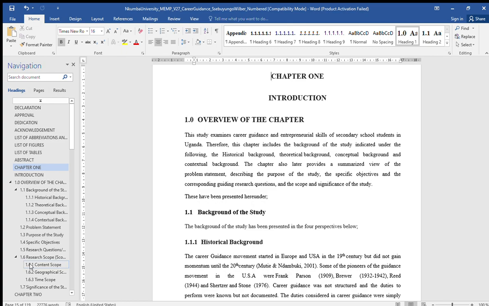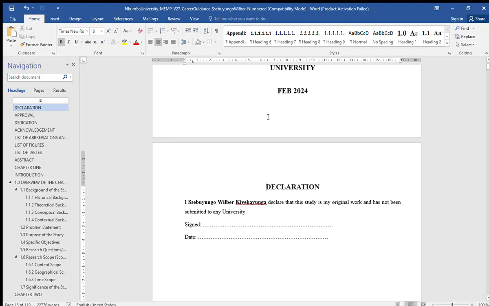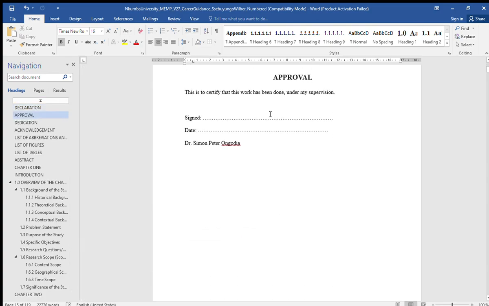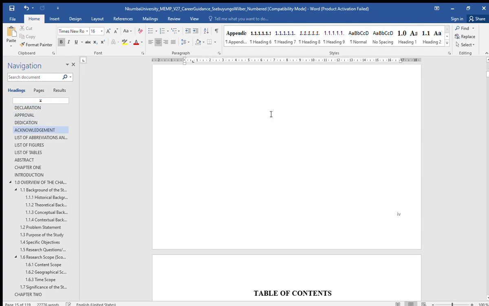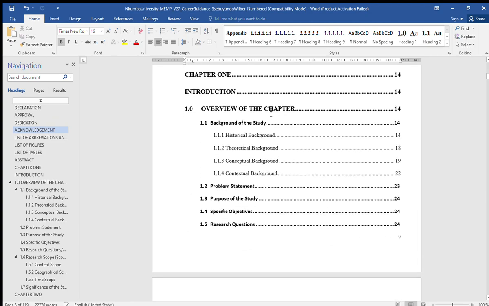Okay, now just to have a brief summary of what your table of content can appear to be with chapter 1. You can now see my table of content, chapter 1.